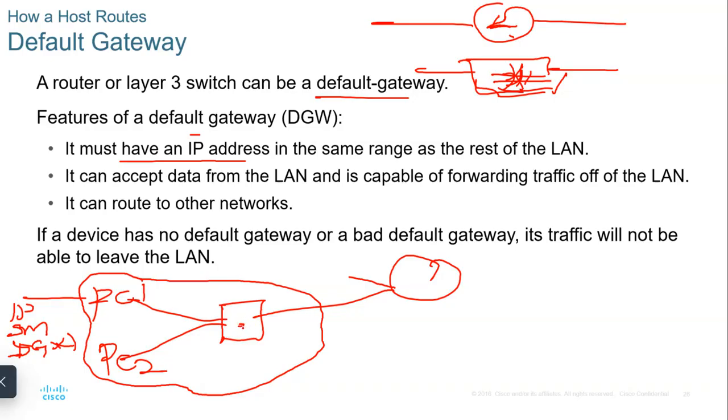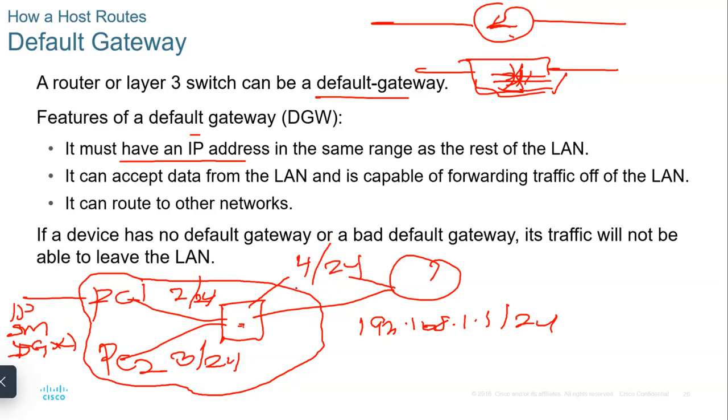I can give an example. If this is, for example, 192.168.1.1/24, then this one can be .2/24, and this can be maybe .3/24, and if you want a switch, you can give it maybe .4/24.